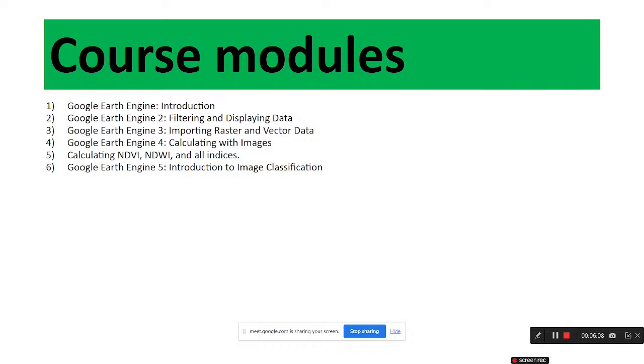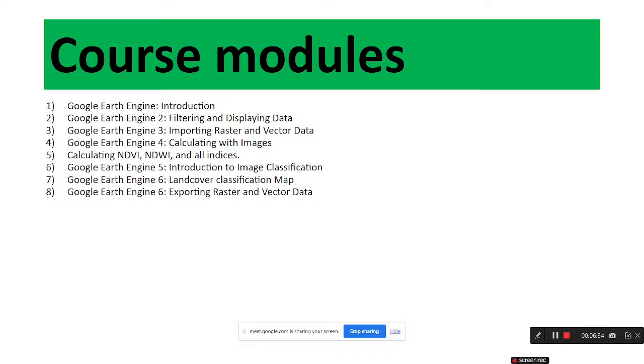Then we will discuss image classification, how you can make land use land cover classification, or how you can use different types of machine learning, random forest, classification and regression trees, or other machine learning methods, and make the land use land cover classification map. Then how to export raster or vector data from the Google Earth Engine platform.